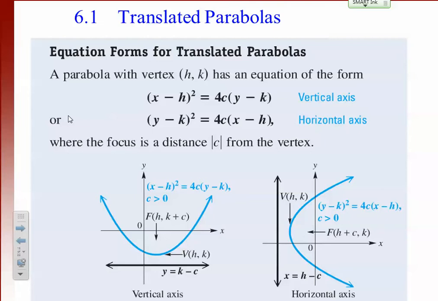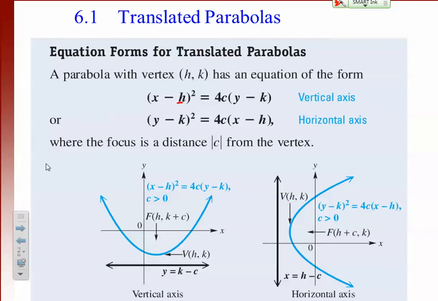If it has a vertical axis going up and down, it's this top equation, and it's similar to what we did with the circles, right? The h goes with the x, and the k goes with the y, and that offset is just the same way we did before.